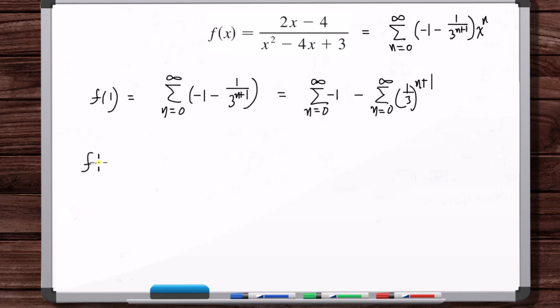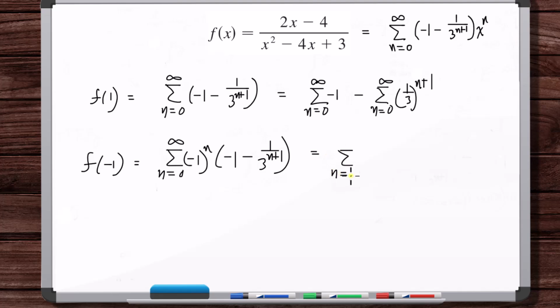All right, what about at minus 1? What we're going to get is minus 1 to the n. Now we know this is not going to be absolutely convergent, because if we evaluated the absolute value series it wouldn't be, but maybe it's conditionally convergent. So let's separate this into 2 separate series.